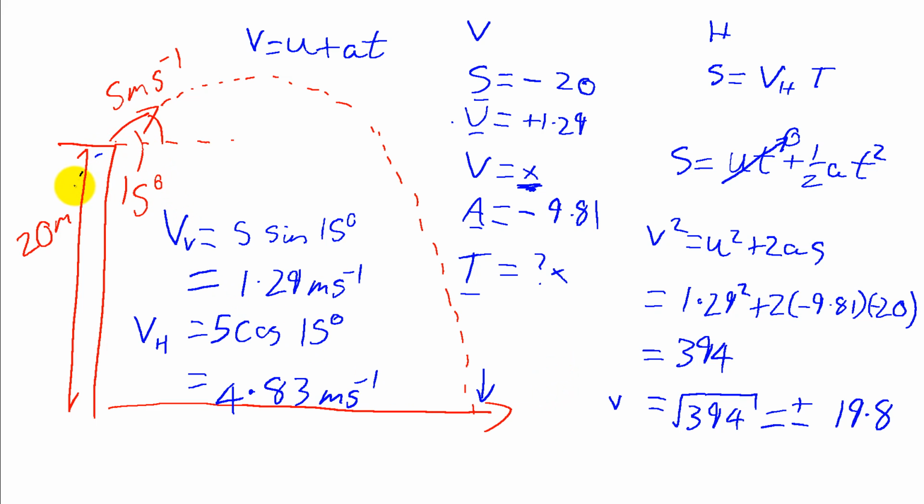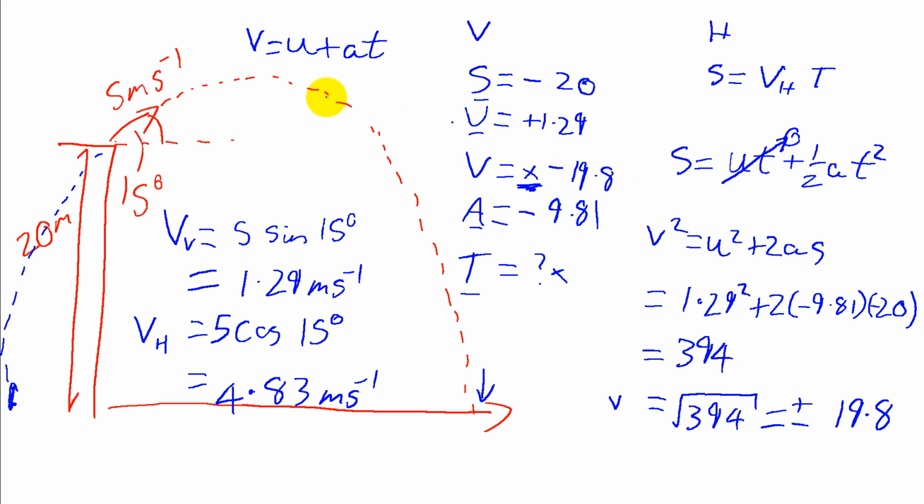The positive 19.8 is the other solution, over here. If we imagine extrapolating this back, as if rather than starting the launch here, this was part of the path which we continued backwards, it would have started here going upwards at 19.8. We don't need to worry about that. This is going to be going downwards at 19.8. So now we've got our v as minus 19.8.